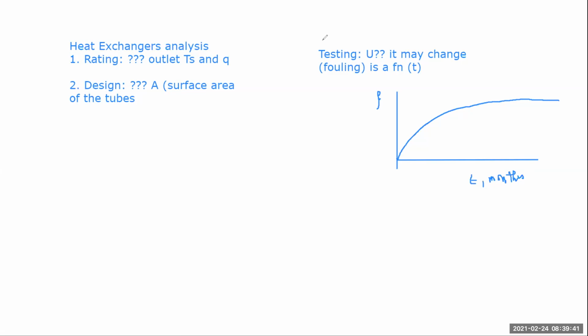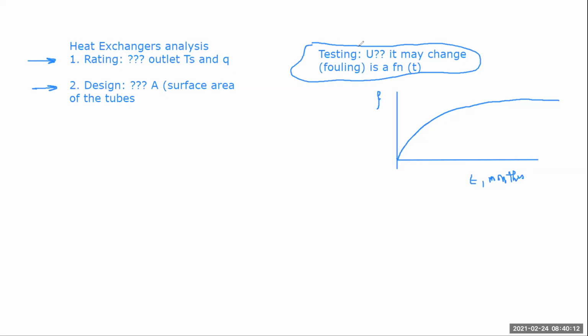Why would we refer to what we call testing for the determination of the heat transfer coefficient? But the major two ways that would analyze the heat exchanger are basically rating and design. As a matter of fact, rating is one way that we know the performance has changed, and so we do testing to see how much is the overall heat transfer coefficient right now.